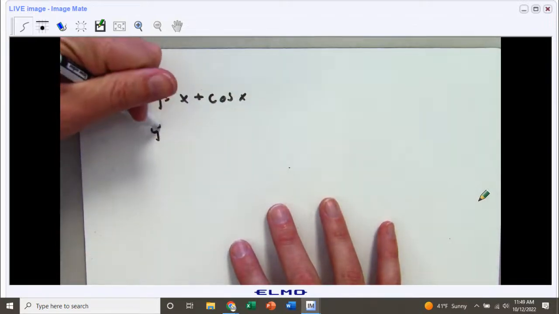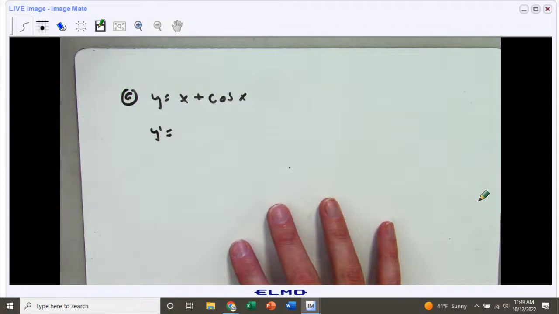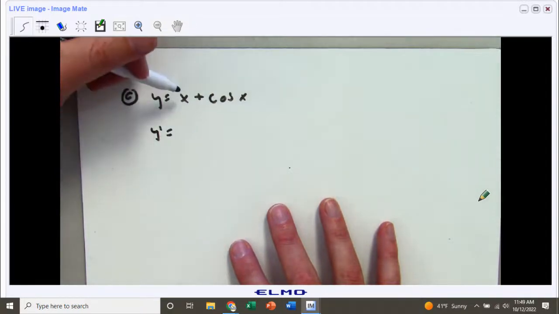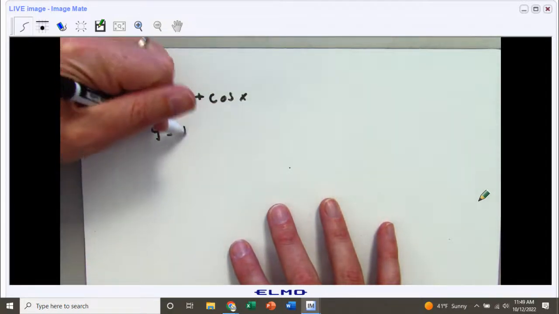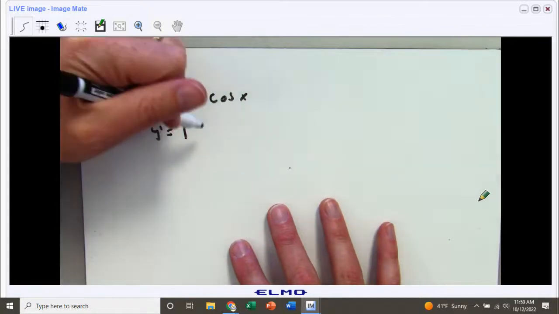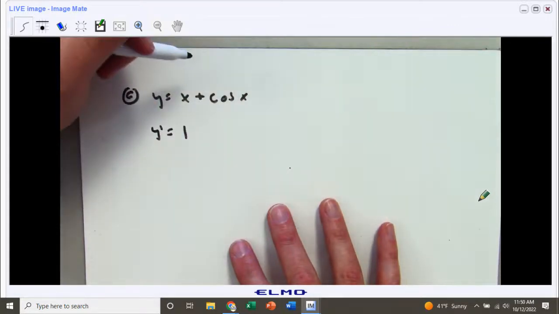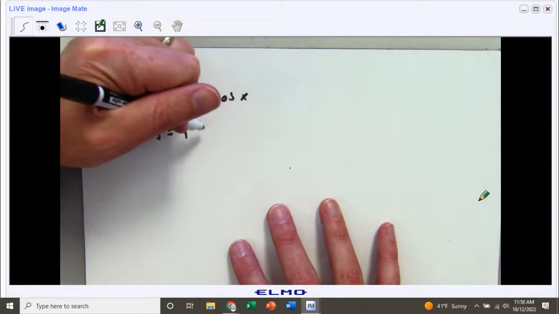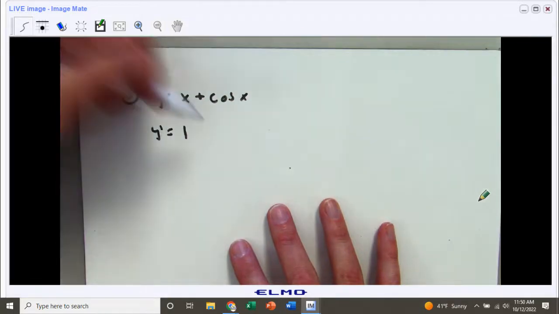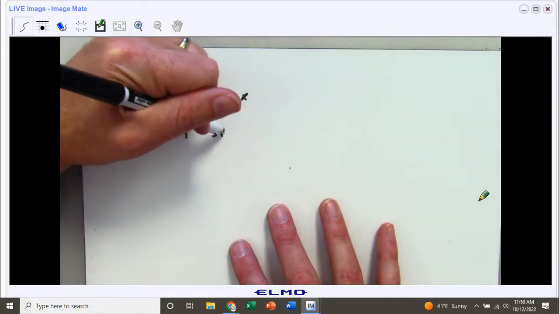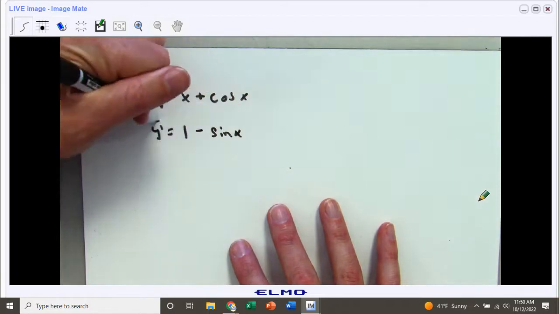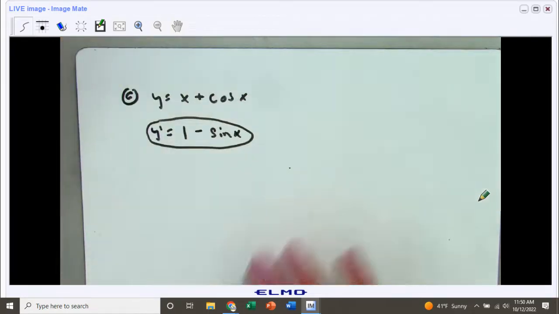So, all right, let's take the derivative. We'll find the derivative of each one and then put them together. So, derivative of x, well, that's just going to be 1. And then the derivative of the cosine of x is the negative sine of x. So we could say plus the negative sine of x or just minus the sine of x. Okay, and that's what we have on that one.